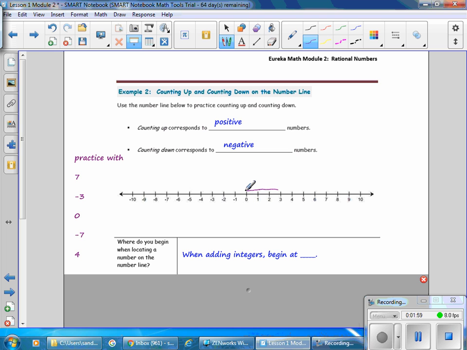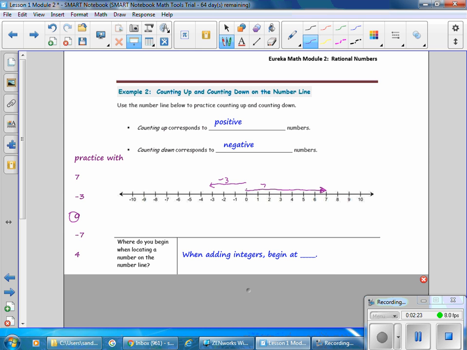1, 2, 3, 4, 5, 6, 7. And then I put an arrow to show that I went to the right for a positive number. For negative 3, you'll start at 0 and move to the left for the negatives. 1, 2, 3. And that's negative 3. For 0, you simply do not move.